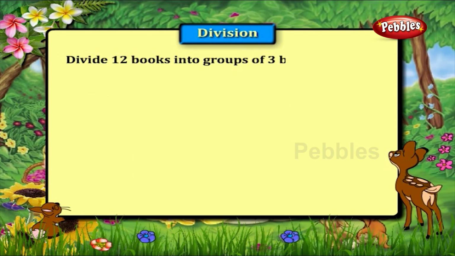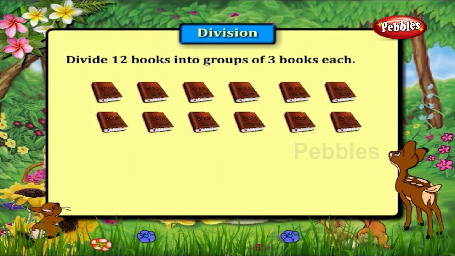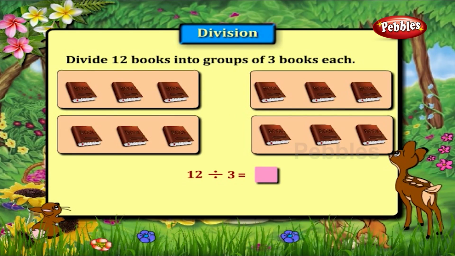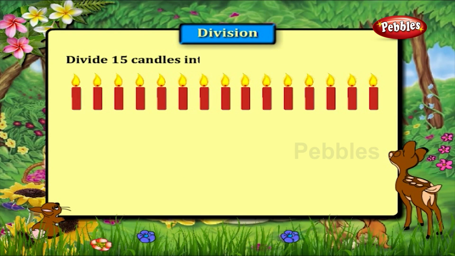Divide 12 books into groups of 3 books each. 12 divided by 3 is equal to 4. Divide 15 candles into groups of 5 candles each.